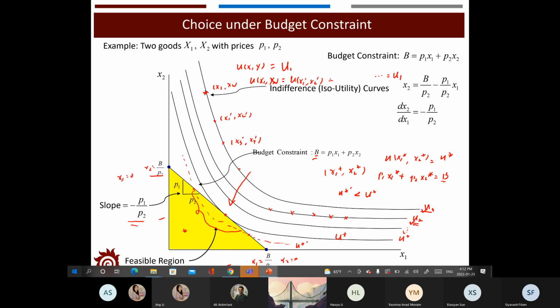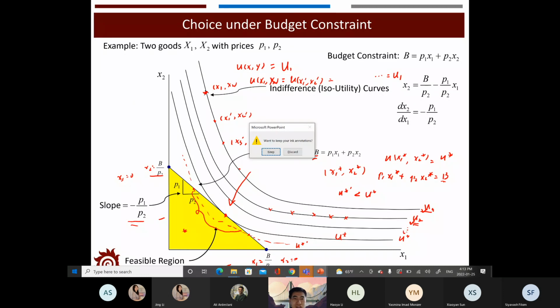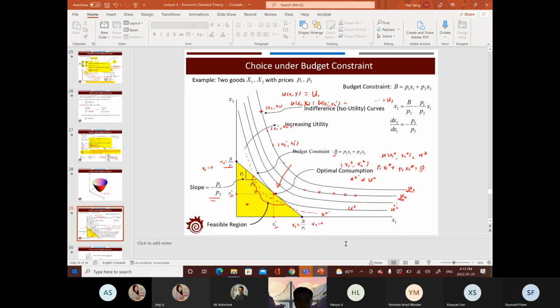For the optimization problem, we want to maximize the utility function, and this tangent point gives you the highest utility. That's our solution. The good thing is that it has only one solution, so it's a unique solution, which removes any confusion from the optimization problem. Okay.